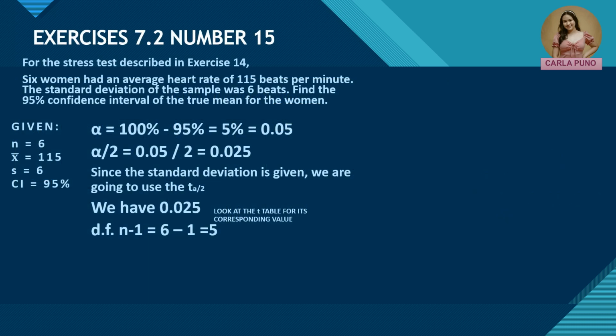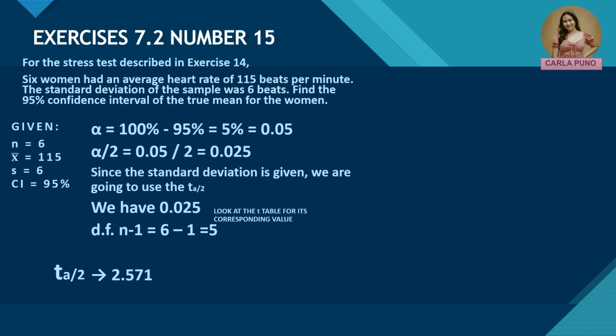Then we go back to our problem. So based on the table, the corresponding value of 0.025 and degree of freedom 5 is 2.571, and this will be our t sub alpha divided by 2.